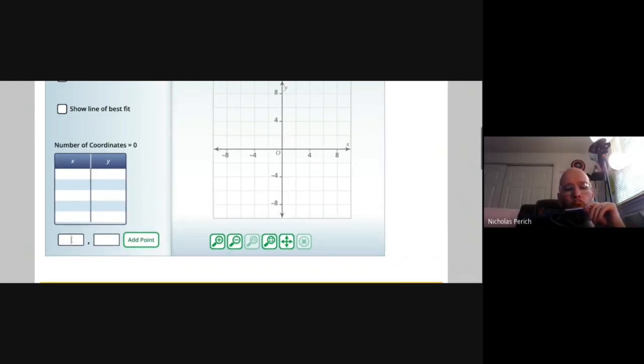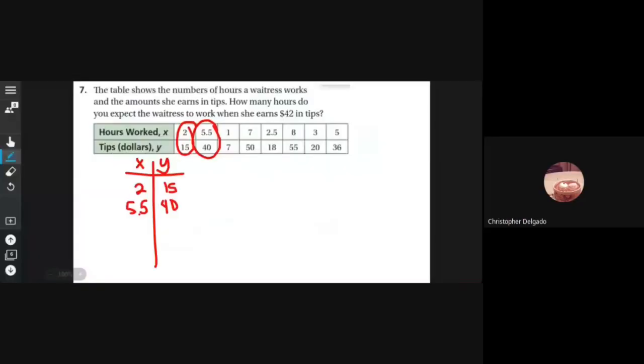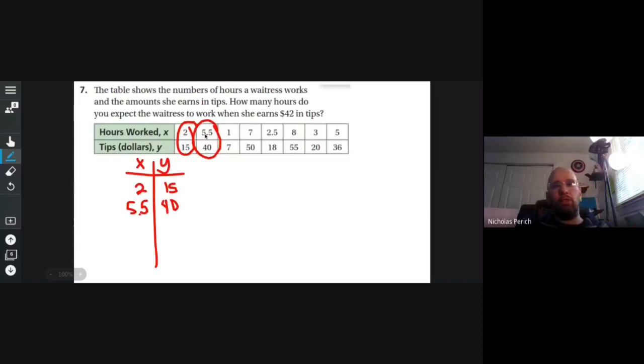So 2, 15. My next one is 5.5, 40. My next one is 1.7.